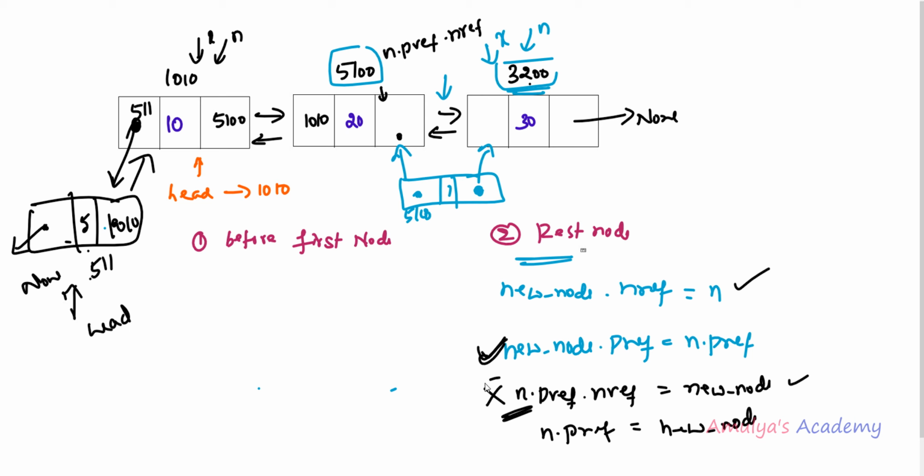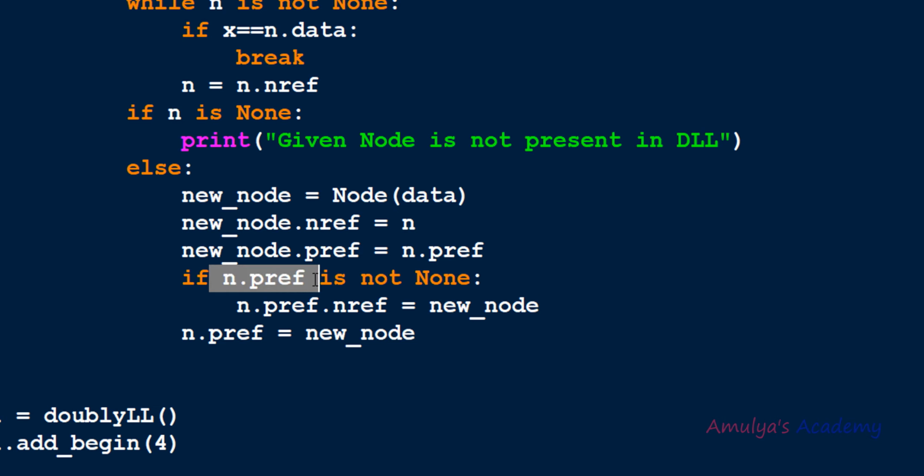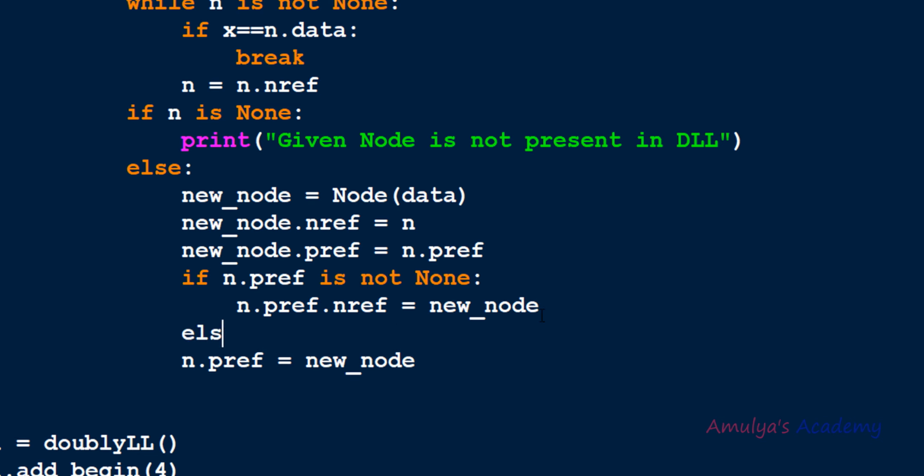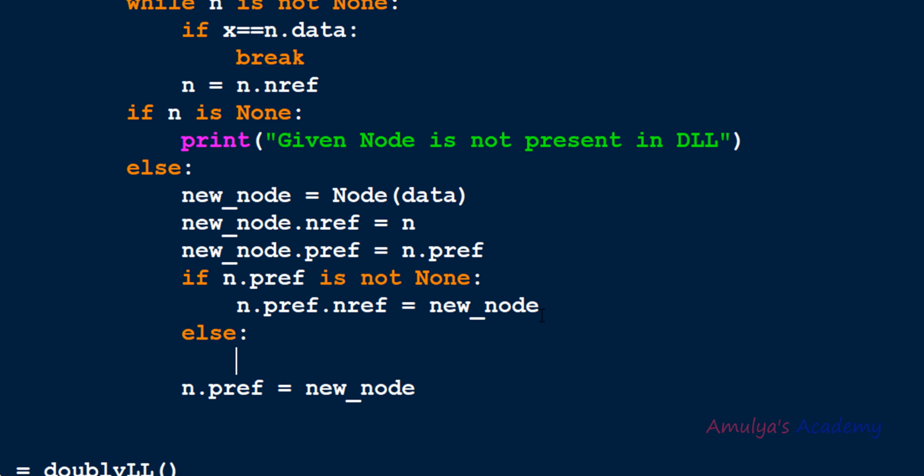So when you check here, if n.pref is not none, that means it is for the rest of the nodes. If n.pref is none, that means we are inserting the new node before the first node. That's why in the else part, if n.pref is none, self.head should be new node.